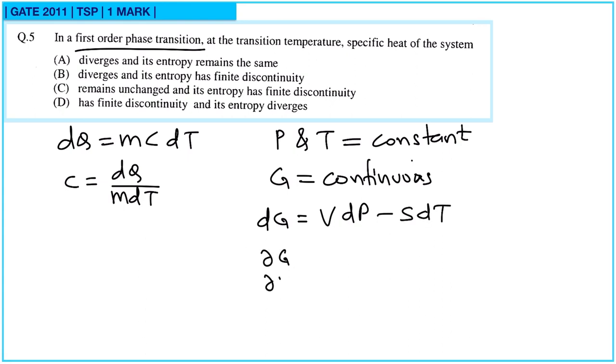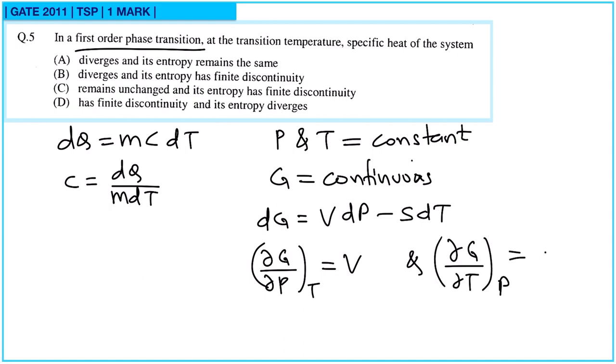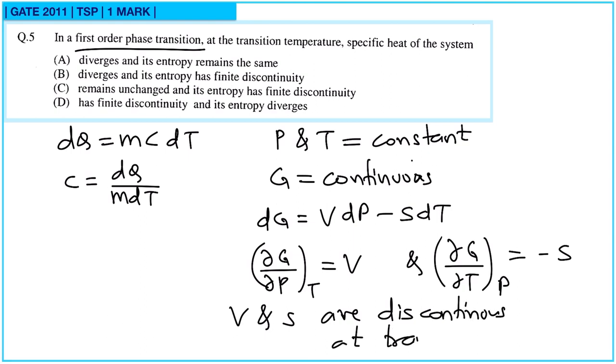So dou g by dou p at constant t is equal to v, and dou g by dou t at constant p is equal to minus of s. So these first derivatives of g, they are going to be discontinuous. So v and s are discontinuous at transition point.